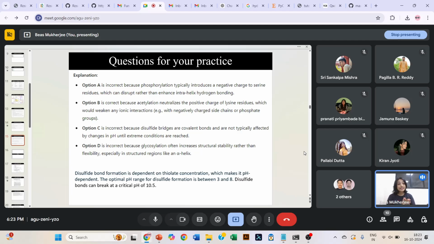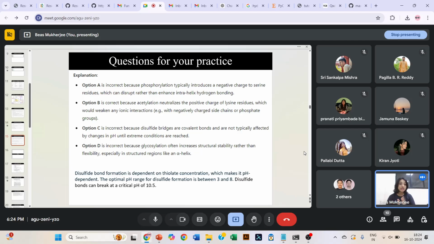Fine. C is incorrect. Why is C incorrect? Because a disulfide bond is most stable between pH 3 and 8. Here they are saying that at pH 6 the disulfide bond is broken, but that is not possible. Correct. So a disulfide bond is most stable between pH 3 and 8 and it can break at a pH of around 10 to 12.